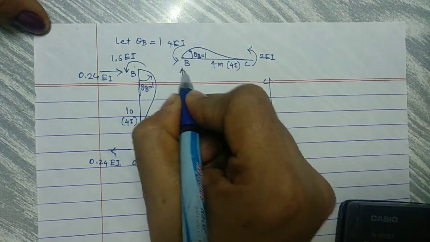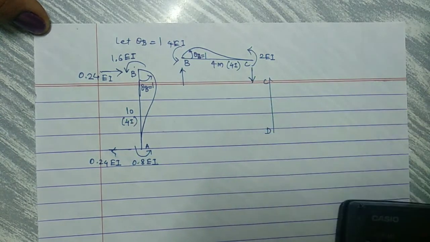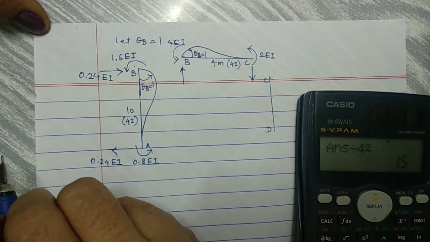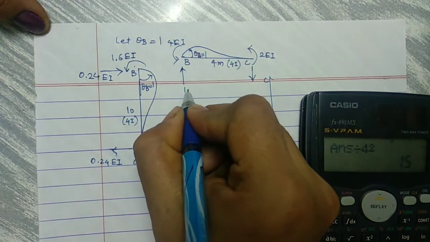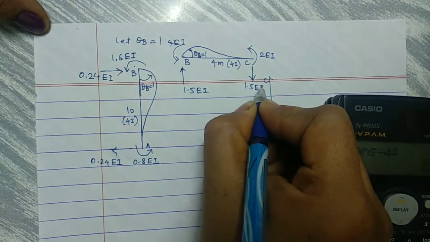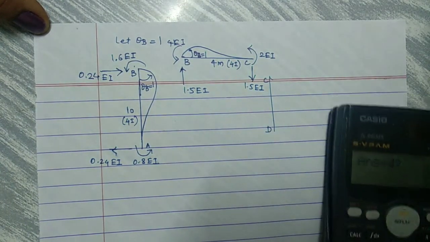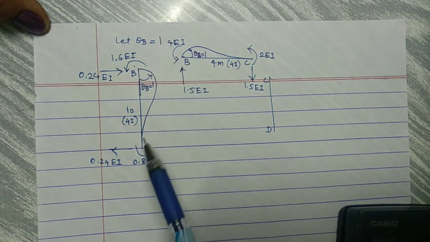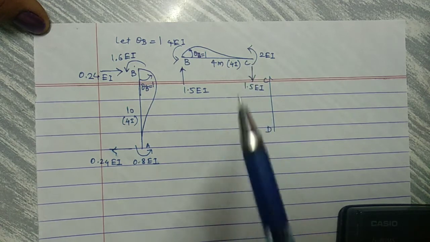So reaction at B upward, reaction at C downward. The value is 6 EI, that is 6 into 4 times inertia divided by span square, L square 4 square. So here it is 1.5 EI and here 1.5 EI. CD will remain as it is because unit rotation is given only for B point. So because of that AB and BC are affected.